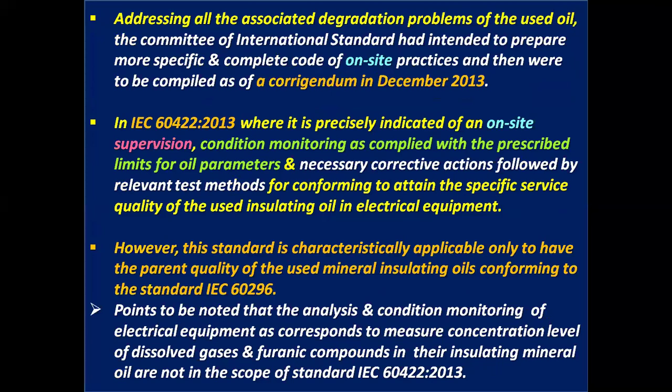Addressing all the associated degradation problems of the used oil, the Committee of International Standard had intended to prepare a more specific and complete code of on-site practices, and then to be compiled as a corrigendum in December 2013.